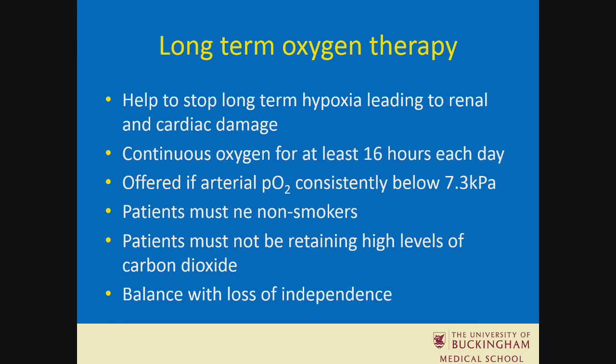So they have pulmonary hypertension, they have congestive cardiac failure, or if they're becoming polycythemic, they have peripheral edema, or they have persistent nocturnal hypoxia. So you may have to do a nighttime oxygen study. These are the ones that benefit from a higher threshold of oxygen.